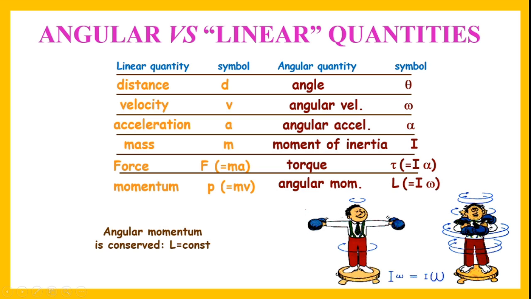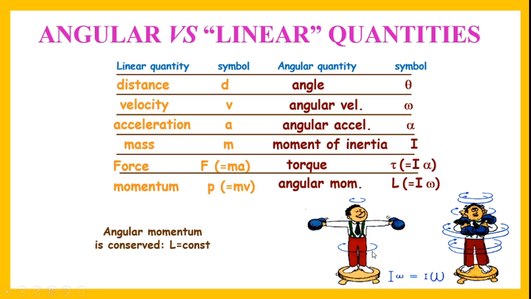Now in the second case, the same man is standing on the moving table, and he has folded his arms, contracted them towards him. Because the moment of inertia has become low, his angular velocity increases, that means omega increases.